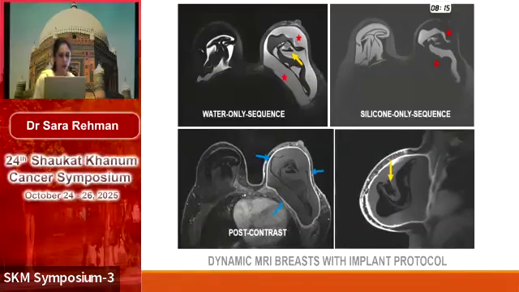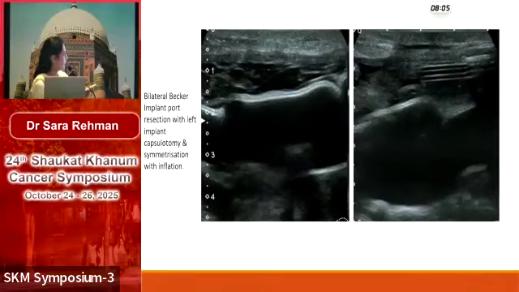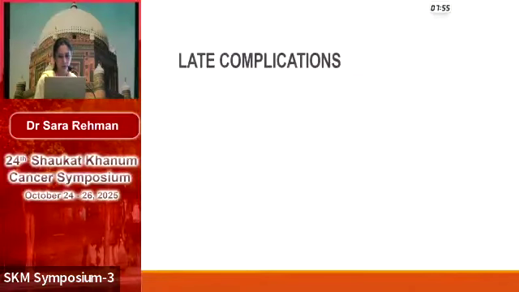So this patient was managed conservatively with a multidisciplinary teamwork between ID team with continuous inflammatory markers correlation and ultrasound follow-up that showed interval improvement in the peri-implant collection. And afterwards, she had left breast implant capsulotomy, port removal, and intraoperative symmetrization with saline infusion.